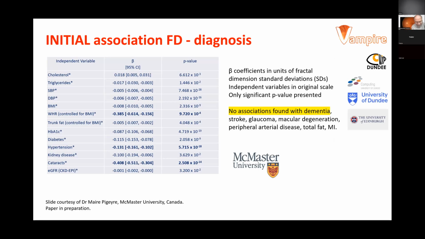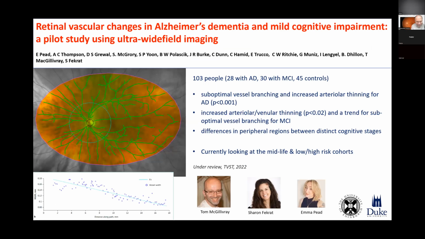I should stress that this study used particularly the fractal dimension, whereas what I was describing before used more measurements. Okay. I want to mention two more collaborations, one with Duke University in the States, where using multiple sensors, and in particular, ultra-wide field of view images and our software, they are looking specifically at cognitive decline and dementia.